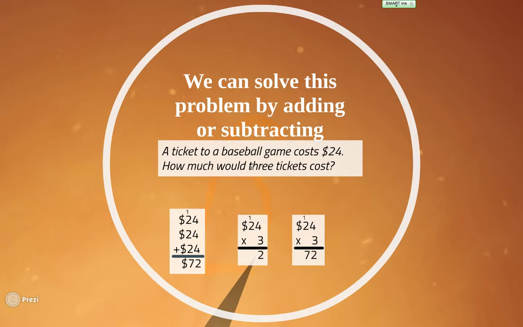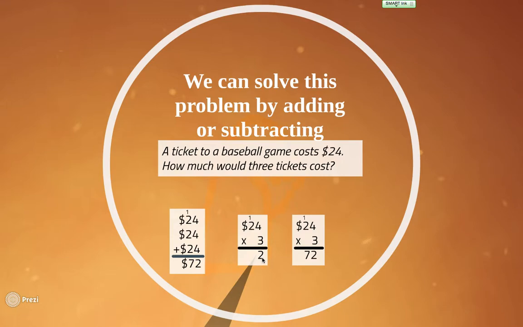You're looking at 3 tickets. So one ticket costs $24, so what you can do is 3 times 24. And when you do that, you just follow the multiplication algorithm. So the first step, you multiply 3 times the ones place, which is 4, and 3 times 4 is 12.